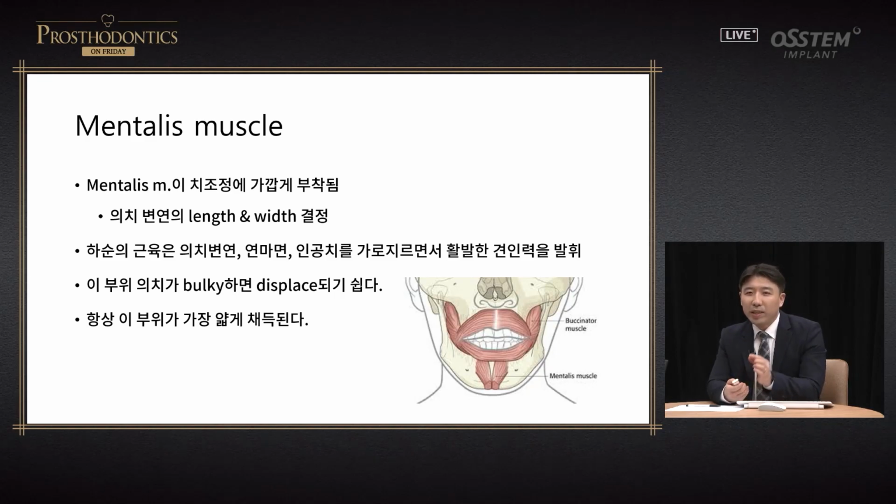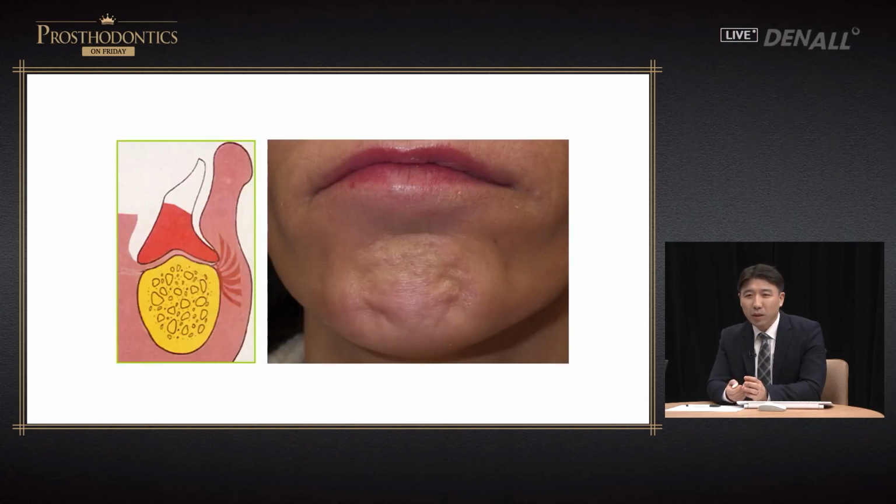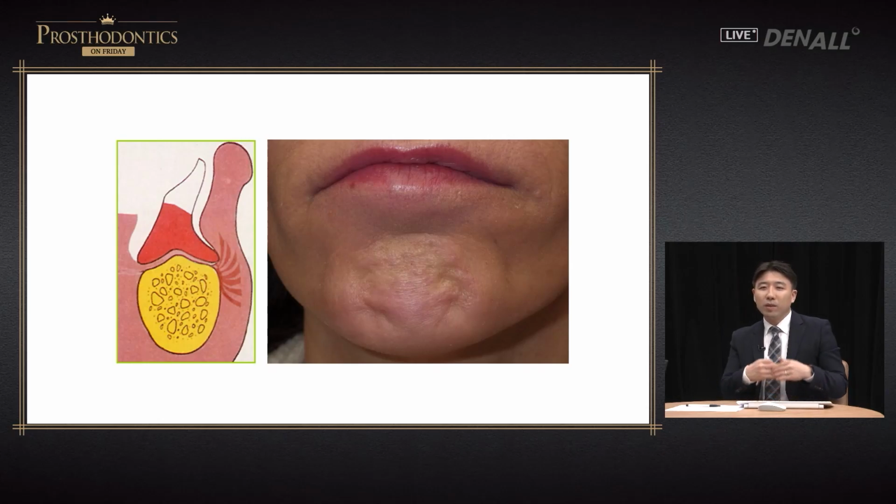This can also serve in making the denture length very short on the labial side in the anterior region. Here's the mentalis muscle. When we take an impression, if this area is activated too much, the chin shape becomes like this, especially when the patient has been edentulous for a long period of time.